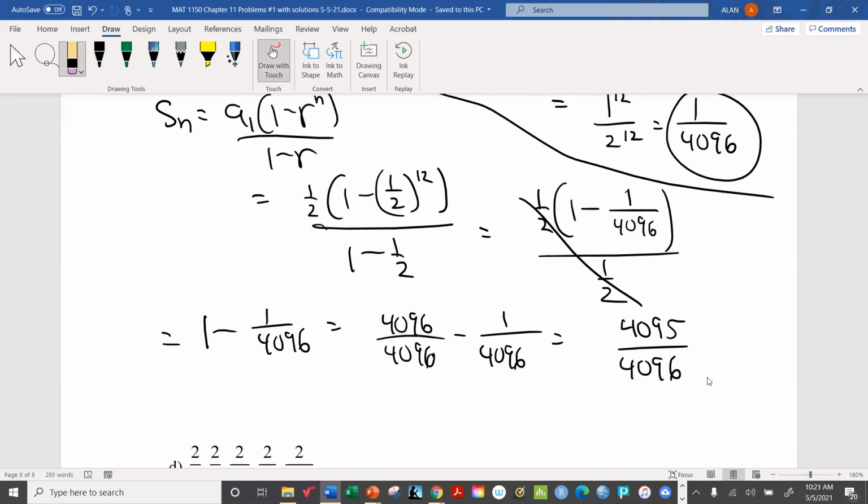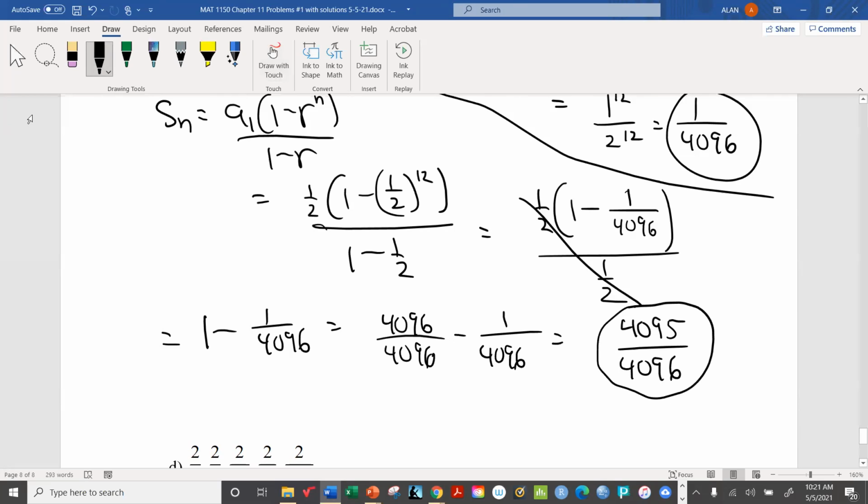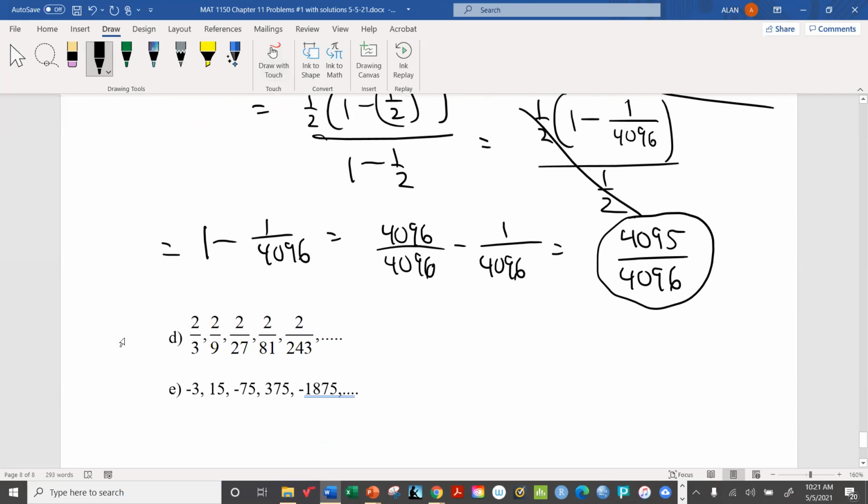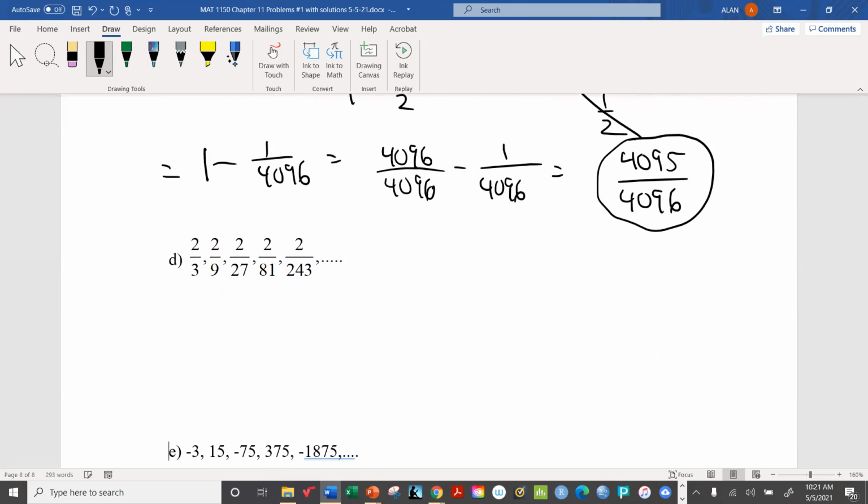Let me just clean that up a little. Ooh, let's see what's going on with this one. So A1 is 2/3. The common ratio this time is 1/3.